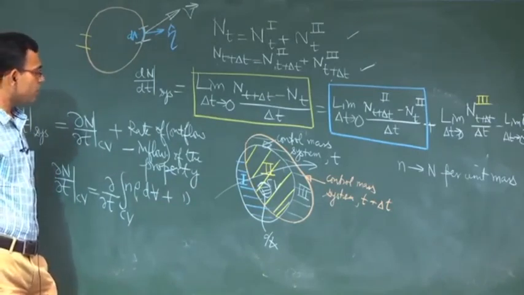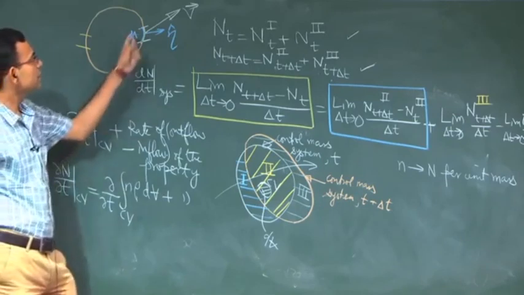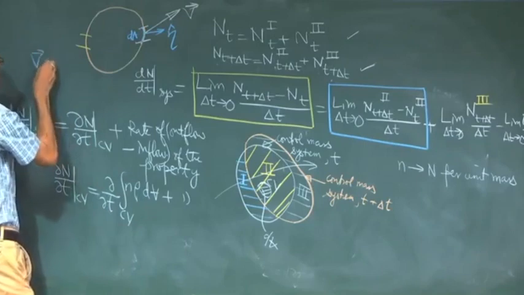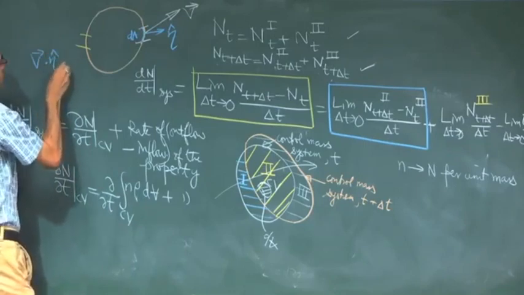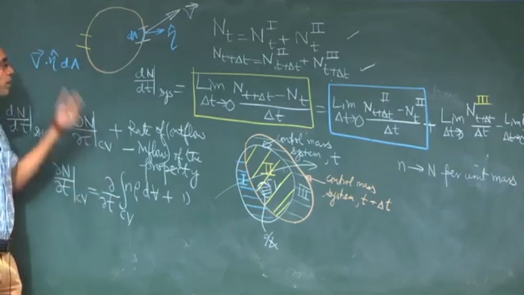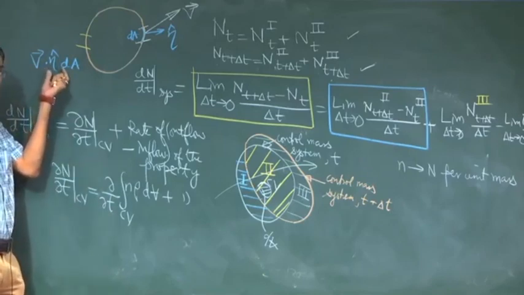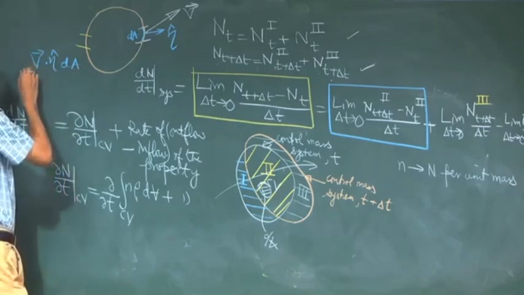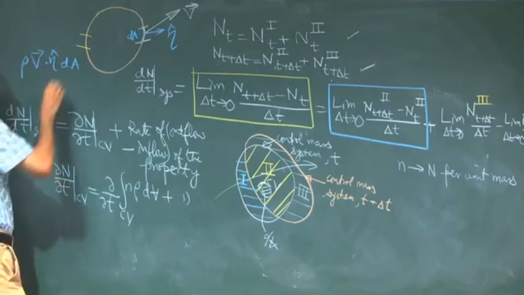So, what is the volume flow rate through this dA? The component of the velocity in the direction of the normal times the area. What is the mass flow rate and what is the property flow rate?